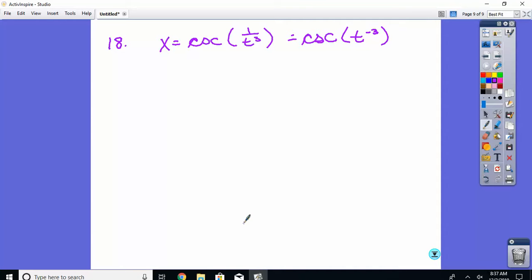So then, our dx/dt, we're going to do the chain rule. So derivative of the outside. Make sure you're studying your derivatives of your trig functions if you've forgotten them. So derivative of cosecant. Remember, all the co functions have a negative derivative. So what does this one give you?